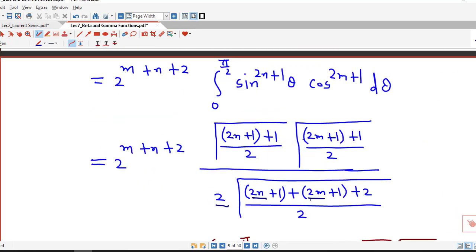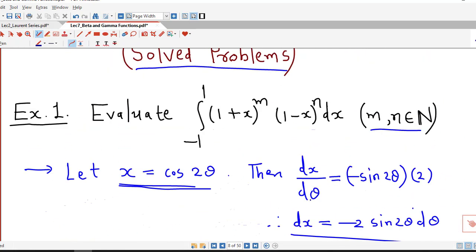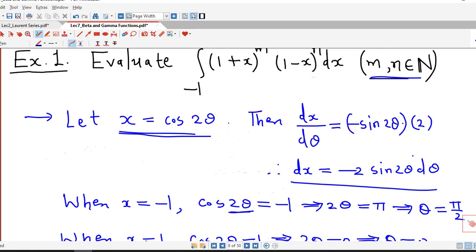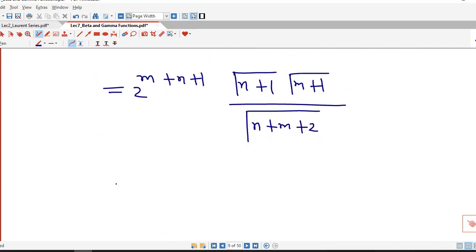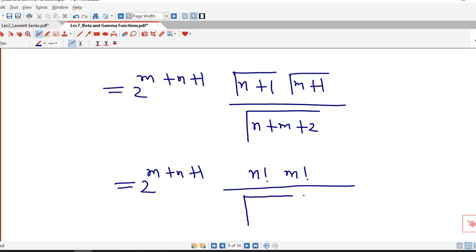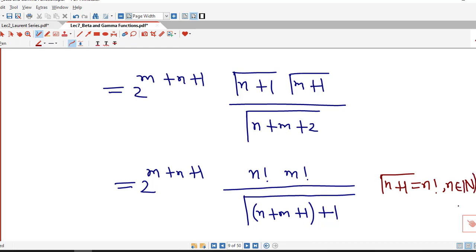Now in the given problem we are given that m and n are natural numbers, so therefore we can use that recurrence formula. Instead of gamma n plus 1, we can write n factorial. This we can write as m factorial, and this we can represent as gamma of n plus m plus 1 plus 1, and we are using that recurrence formula, gamma n plus 1 equal to n factorial if n is a natural number.